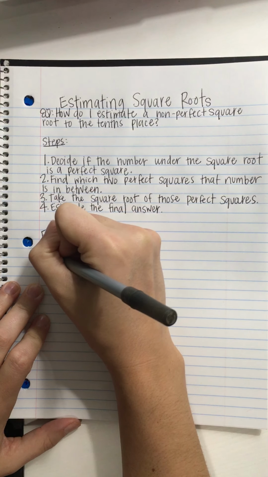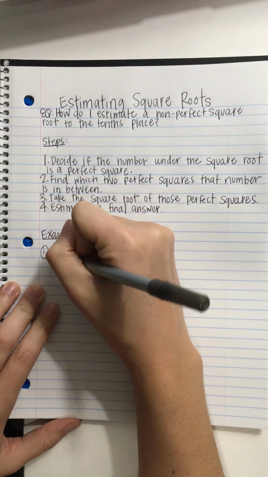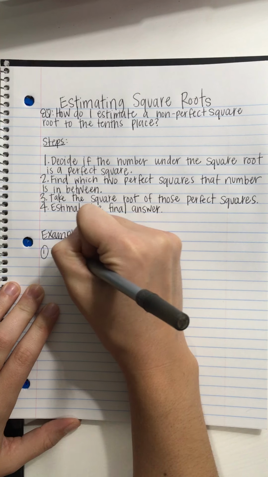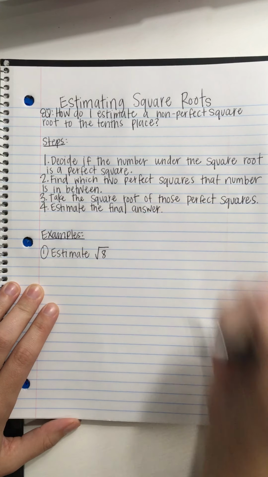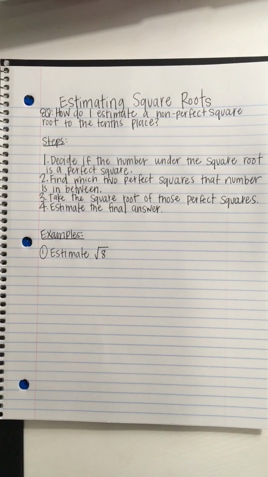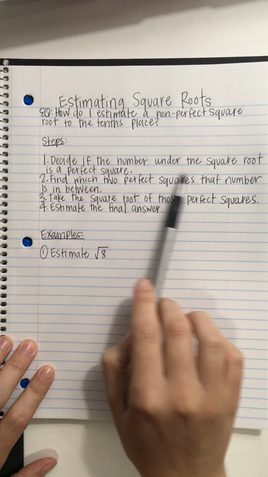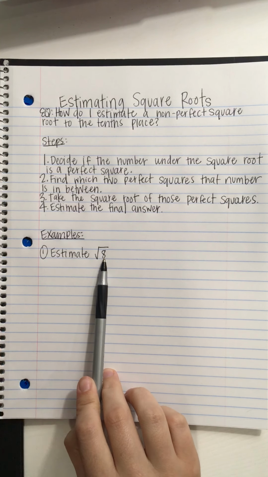All right, so number 1, let's say I want you to estimate the square root of 8. Estimate the square root of 8. All right, so we're going to follow our steps to figure out what that number would be, okay? So step 1, decide if the number under the square root is a perfect square.